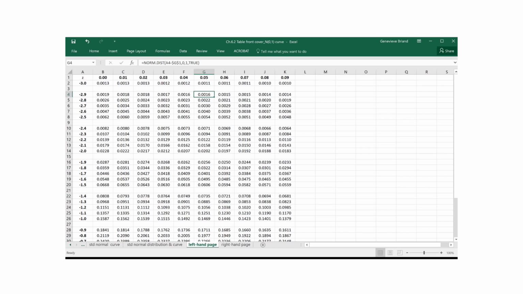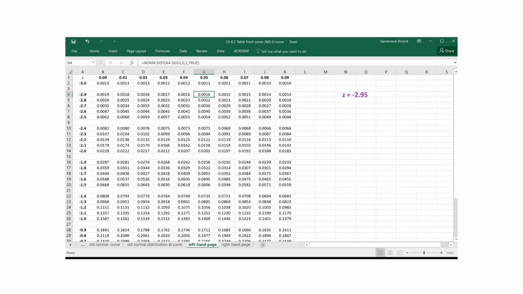So each value in the table is an f value computed for each z value. So the z value as opposed to x value, because we are looking at the standard normal distribution with mean equals 0 and standard deviation equal 1, which we specified as our second and third argument for our function.